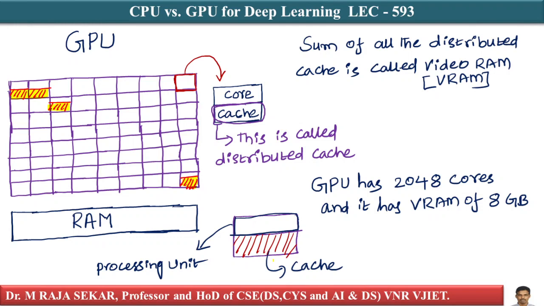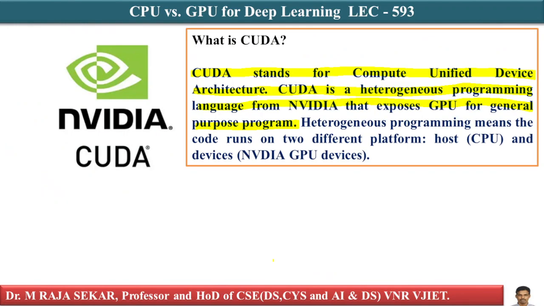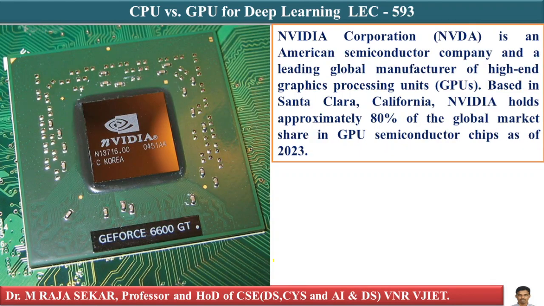That's important. If you write low-level GPU code, there is something called CUDA, C-U-D-A. CUDA is the programming environment, or toolbox, you can think of it, to program NVIDIA GPUs. And by the way, NVIDIA is one of the largest makers of GPU cards in the world today.